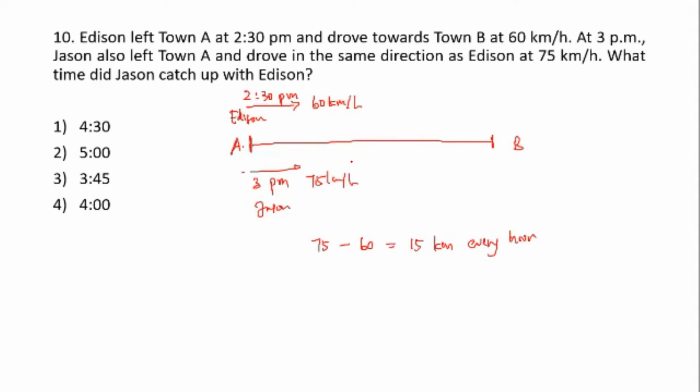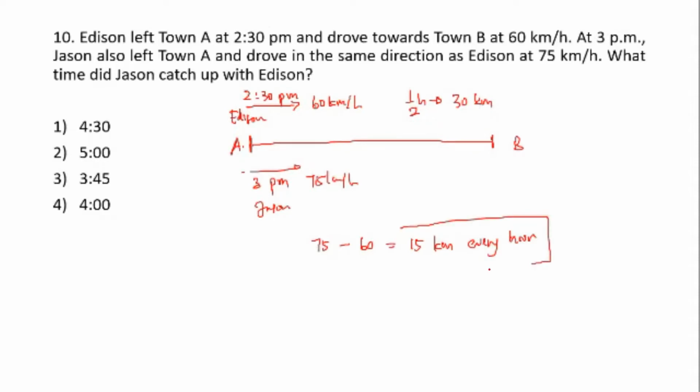Now, the question is, how far was Edison from Jason when Jason just left Town A? Edison had traveled for half an hour earlier. So if Edison could travel 60 kilometers per hour, what about in half an hour? Of course, that's equal to 30 kilometers, right?